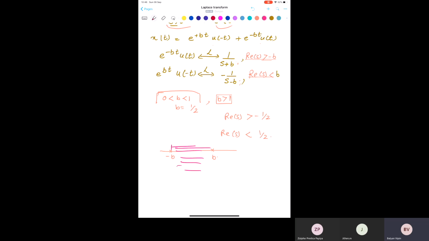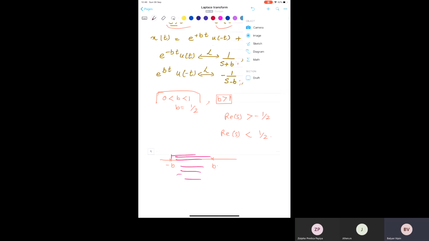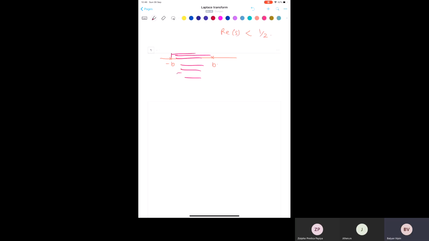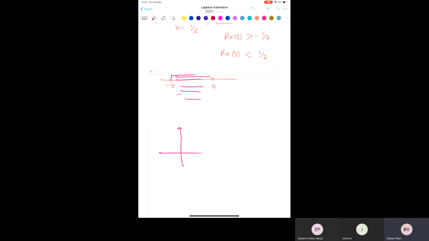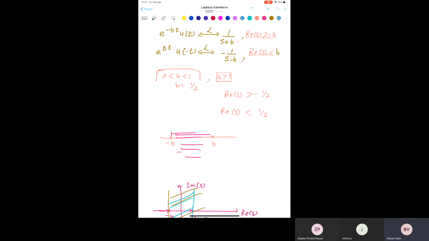Let me use a sketch, otherwise it's not really letting me draw. So it says basically, on the s plane, suppose I say real s, there's a minus b and a plus b. So this one says this, and this one says this. So the common region of convergence then will be the answer for this part.